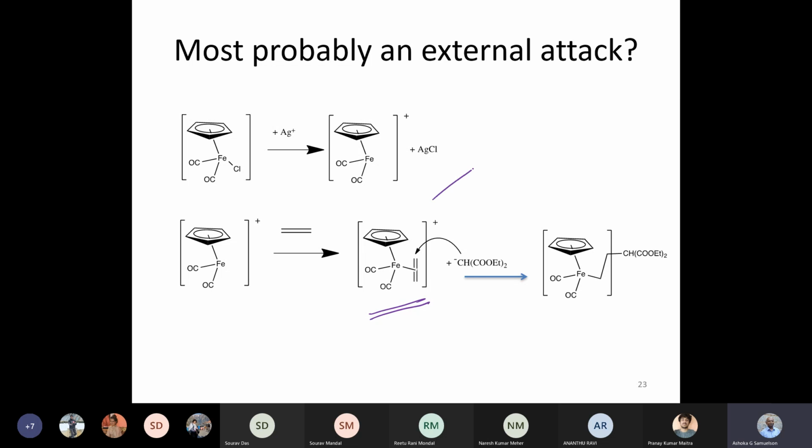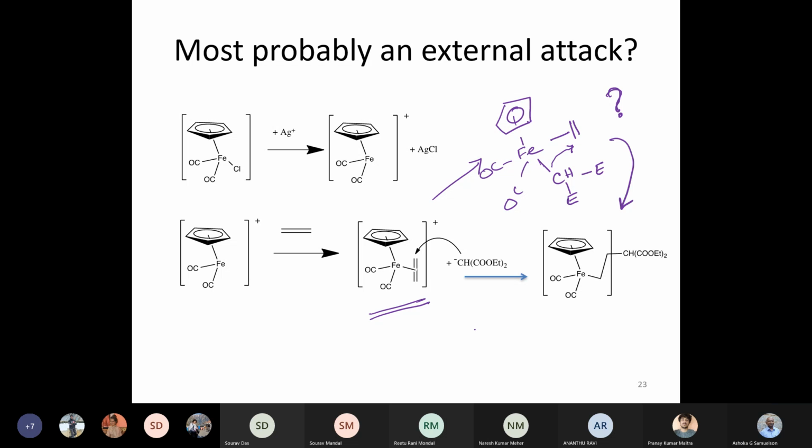I can pose the question, is this going through an intermediate in which, is it happening like this? And is this one electron donor migrating, or is it an external attack?